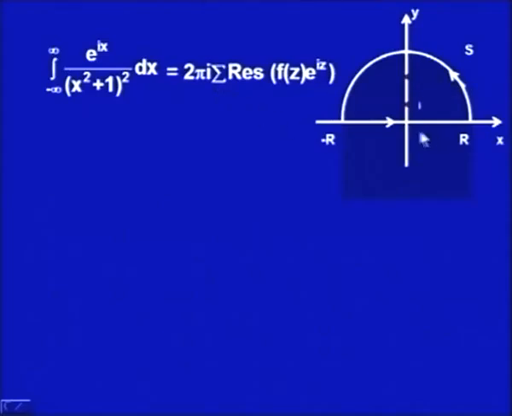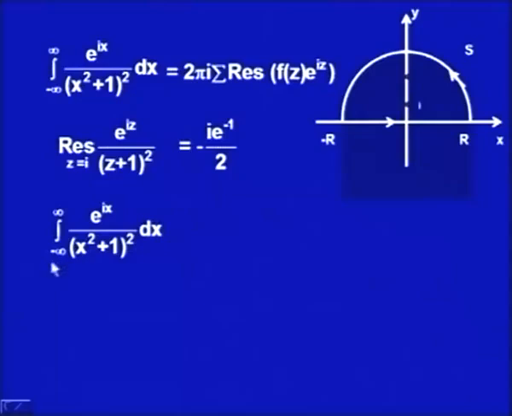In the upper half plane, in this particular example, we have only a single pole at i. So, the summation will be replaced by only the single value, that is the residue at z is equal to i of e to the power iz upon (z square plus 1) whole square, and that we had just now calculated as minus i e to the power minus 1 upon 2.